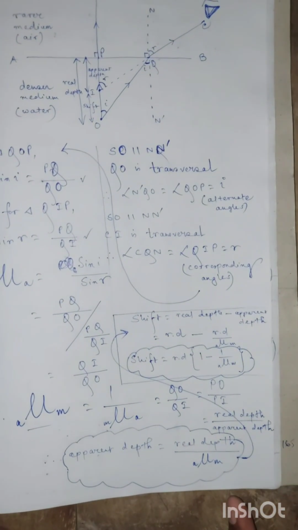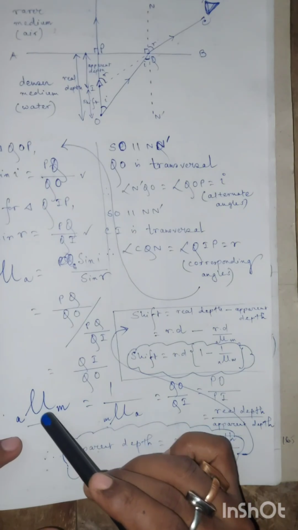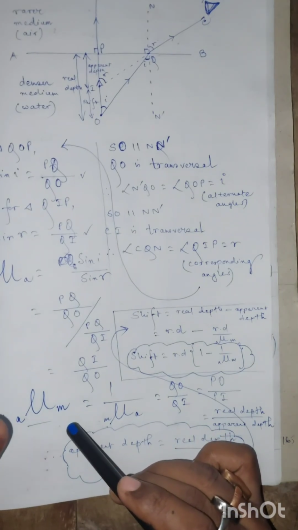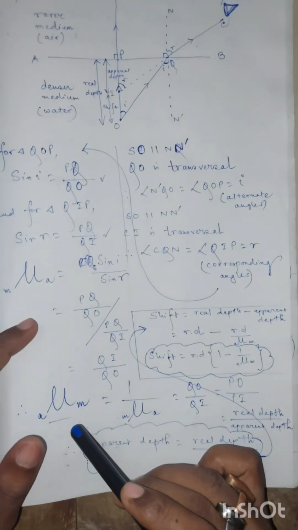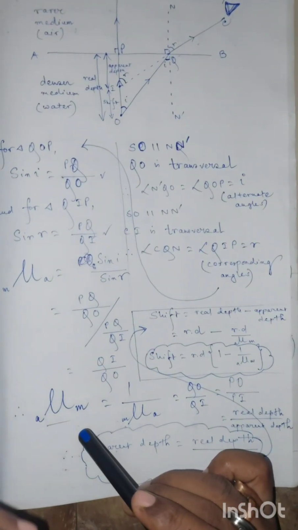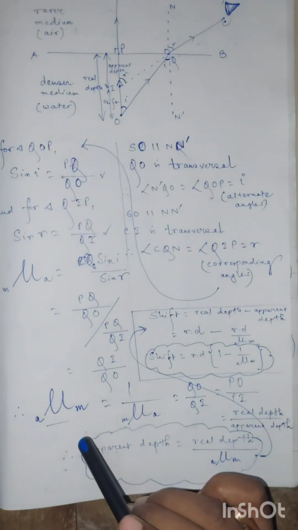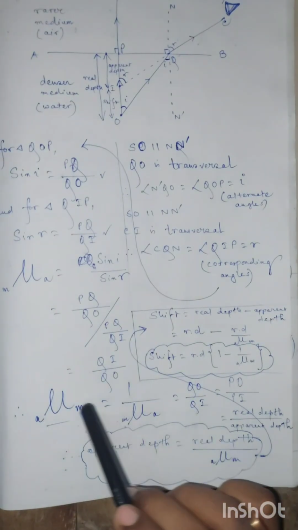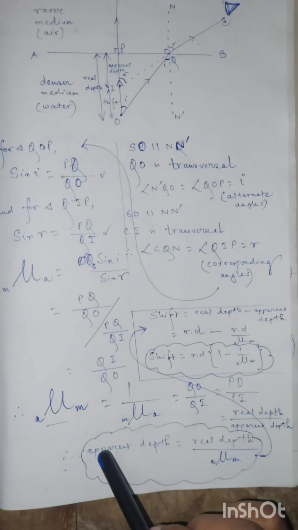Now we can write refractive index of medium with respect to air. Okay, the opposite of this, refractive index of medium with respect to air will be equal to reciprocal of this thing. We know this. This comes from the principle of reversibility of path of light.